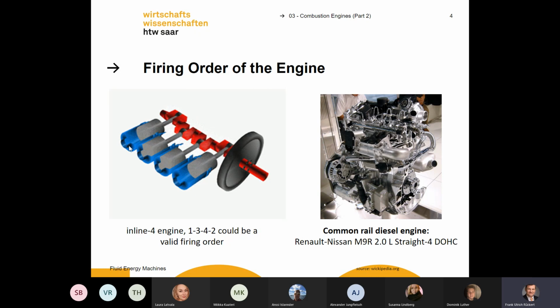That's another point. Of course, you might know, the more cylinders you have, the better is the engine. It runs more stable, has a lot more power.